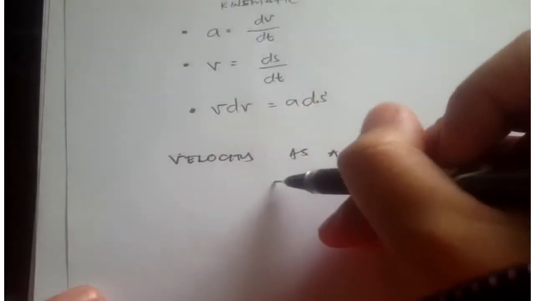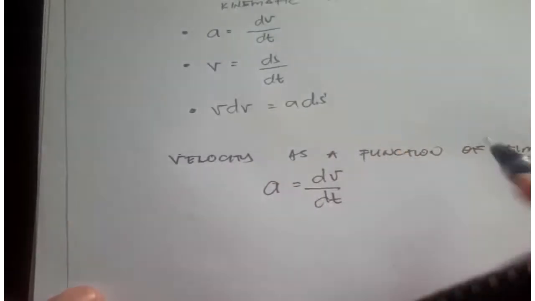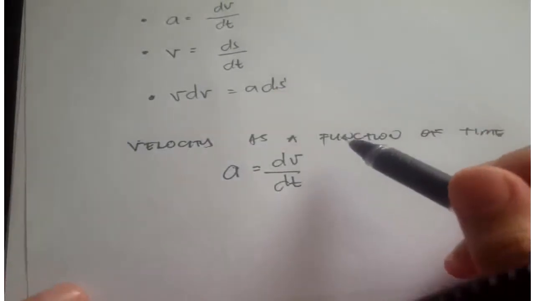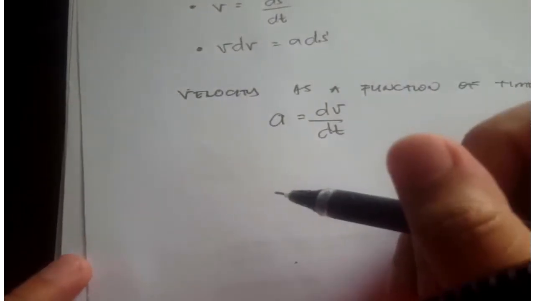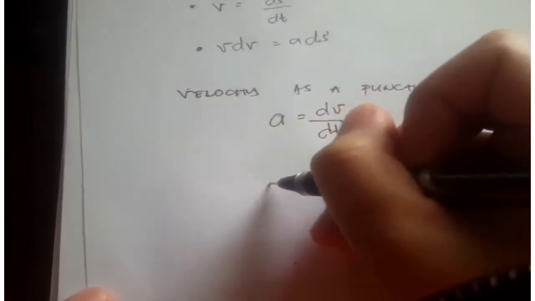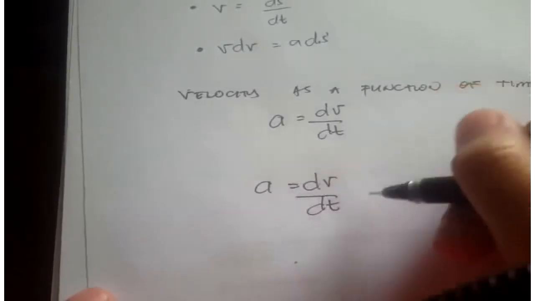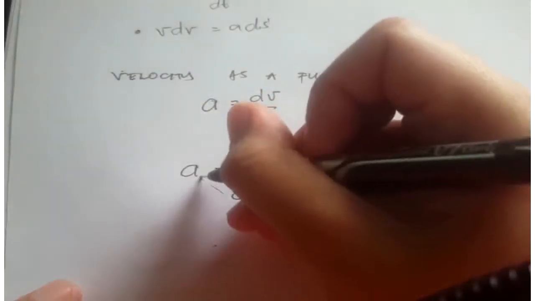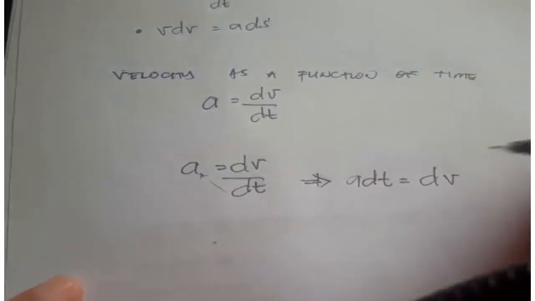So from our main kinematic equation, we have a, which is constant, equal to the derivative of v with respect to t. So we have here the velocity as a function of time, dv over dt. So let's integrate these equations. a equals dv over dt can also be written, when you move the dt there, as a dt is equal to dv.